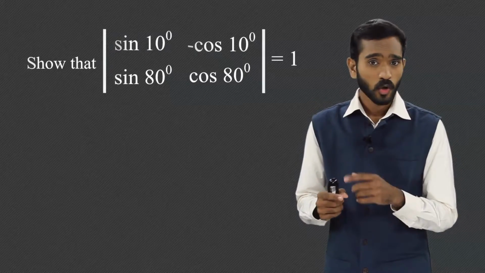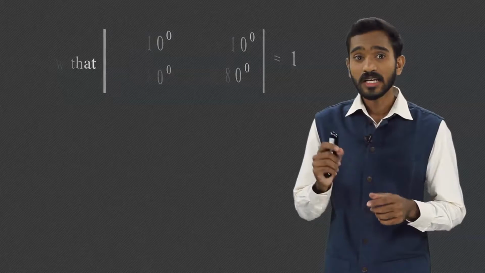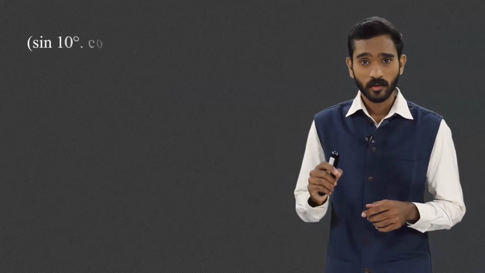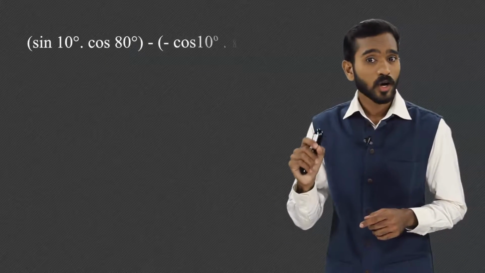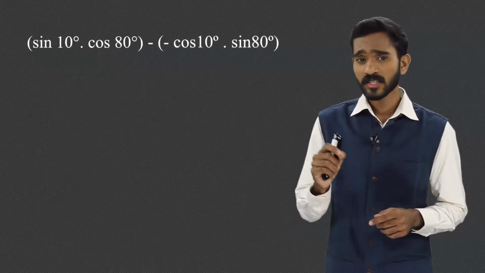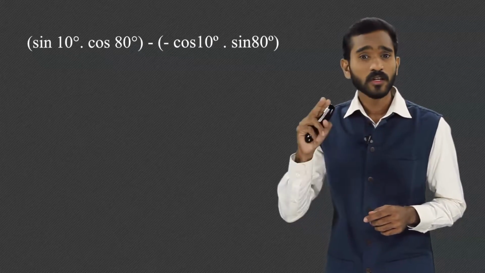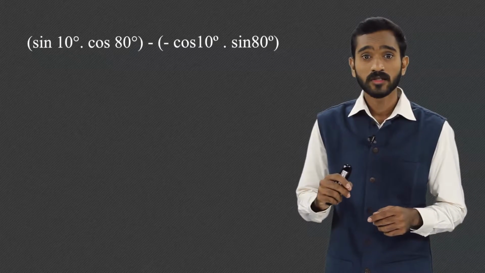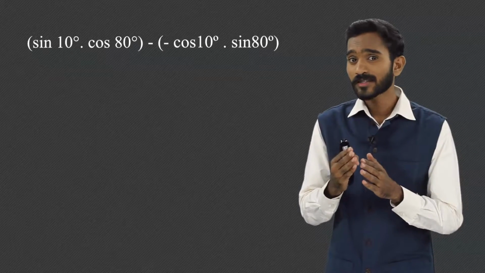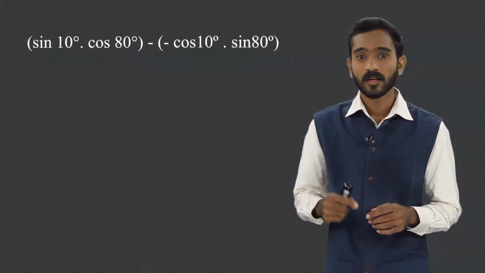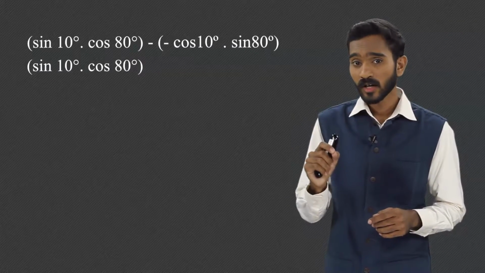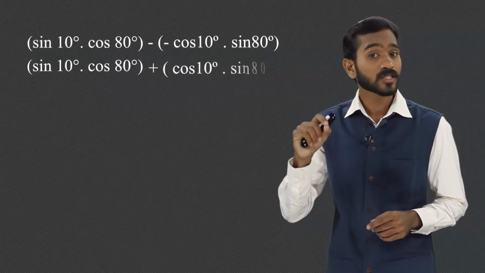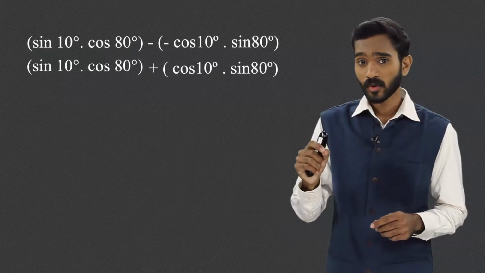Solving the determinant, we would get the LHS is equal to sine 10 degree cos 80 degree minus cos 10 degree sine 80 degree. Here we have got two minus symbols, and so minus of minus gets converted into plus. Thus, sine 10 degree cos 80 degree plus cos 10 degree sine 80 degree.